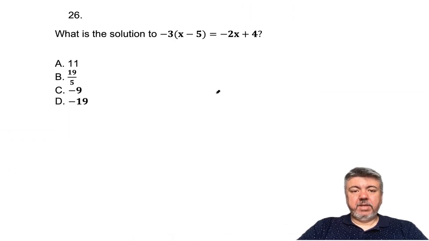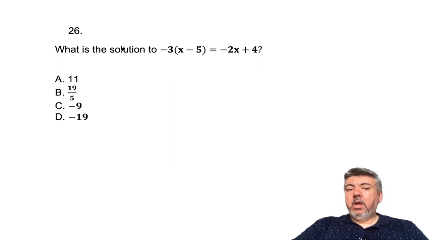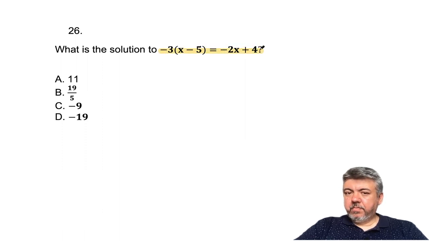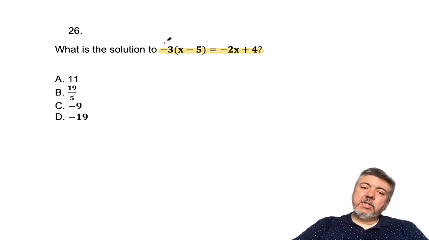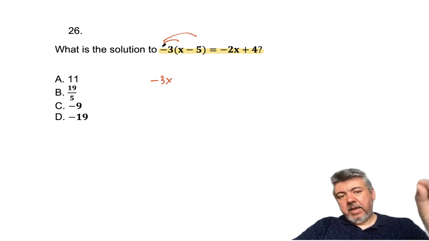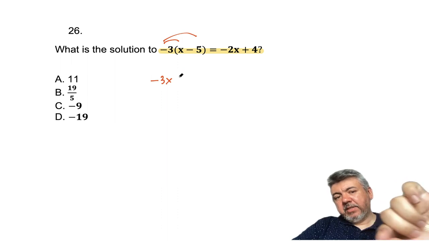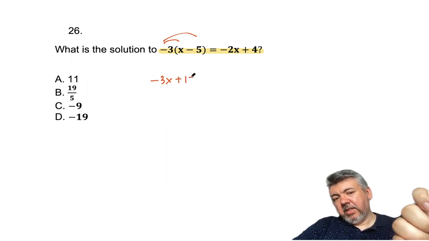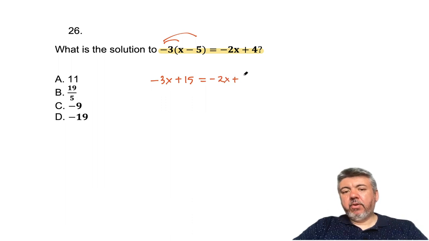Okay. What is the solution to this equation over here? Let me show it to you. Expand this and then let's see what happens. Negative 3x, negative 3 times negative 5, it's going to be plus 15, equals negative 2x plus 4.